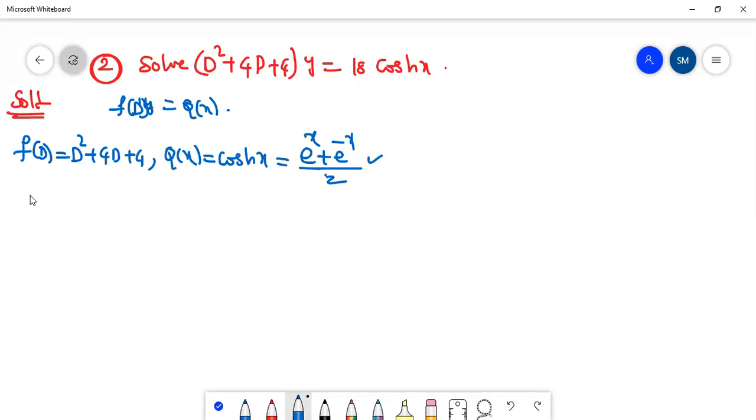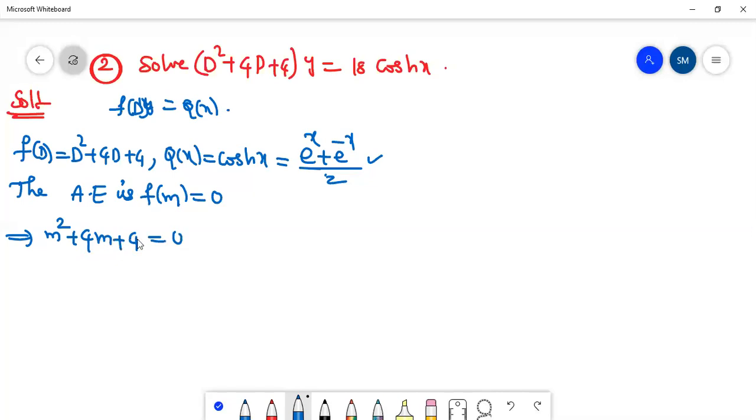Then if we get an idea of exponentials, it is easy to solve the given equation for the general solution. First, we take the auxiliary equation for finding the complementary function. The auxiliary equation is f of m equal to 0. Here D is replaced with m: m square plus 4m plus 4 equal to 0. By observing this, it is in the form of a plus b whole square, m plus 2 whole square equal to 0.